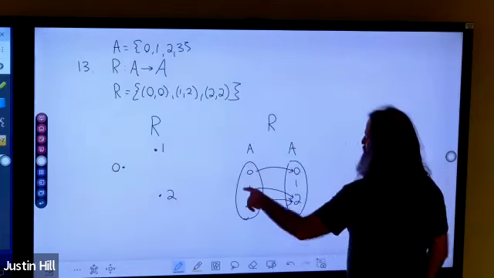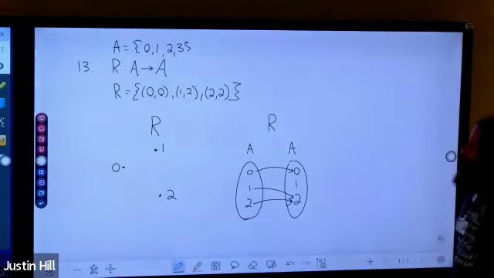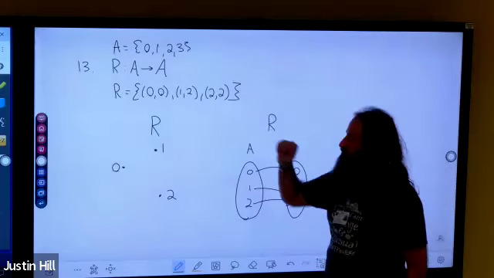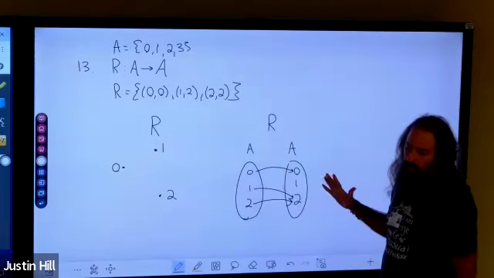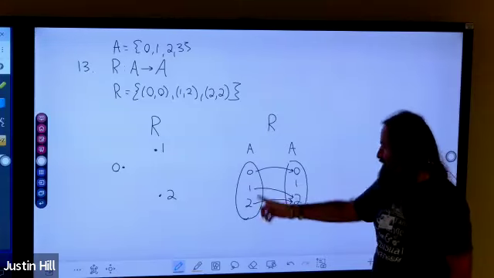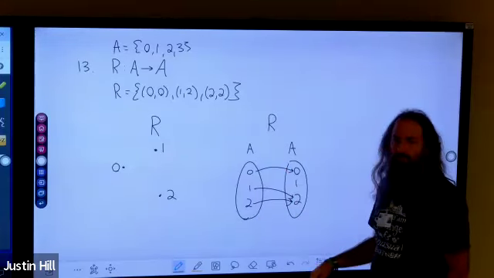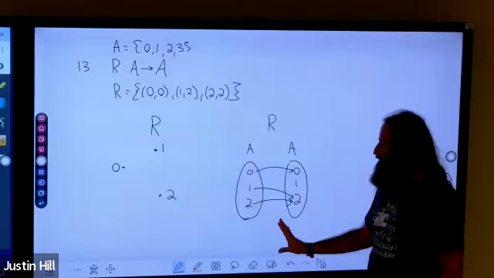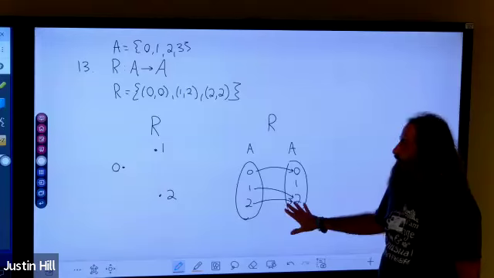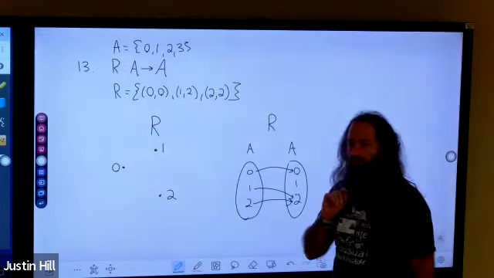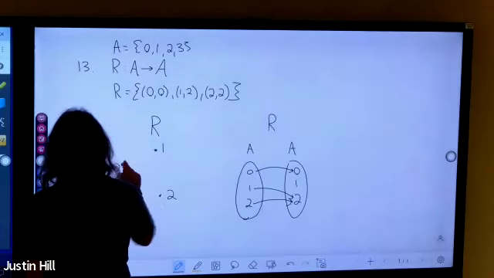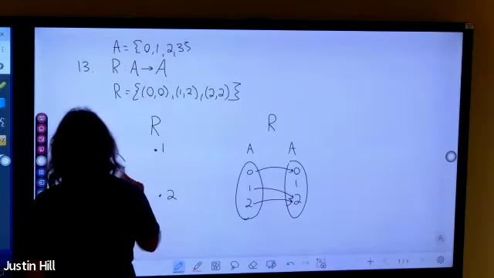So 0 relates to 0, 1 to 2, 2 to 2. Again, this is just an arrow diagram of that relation. But what I notice here is there's some redundancy, and it's annoying to write A twice and write 0, 1, and 2 twice. All a directed graph is, is taking out the redundancy in this arrow diagram. So I write 0, 1, and 2 once. 0 goes to 0, so I write an arrow from 0 back around to 0.